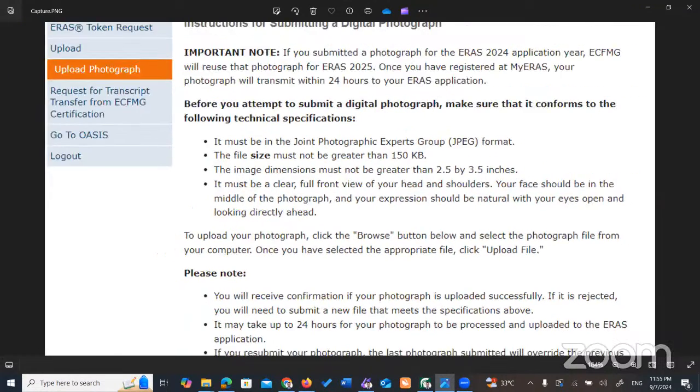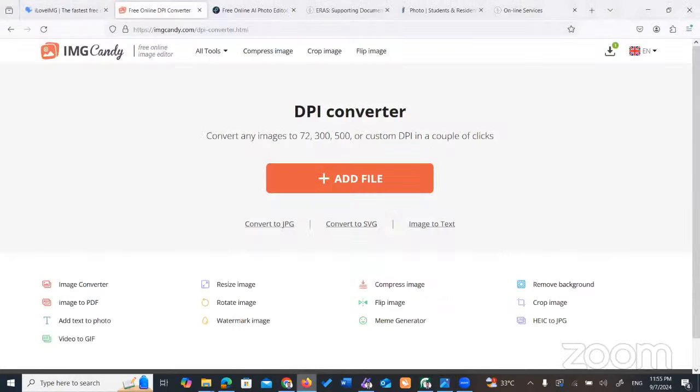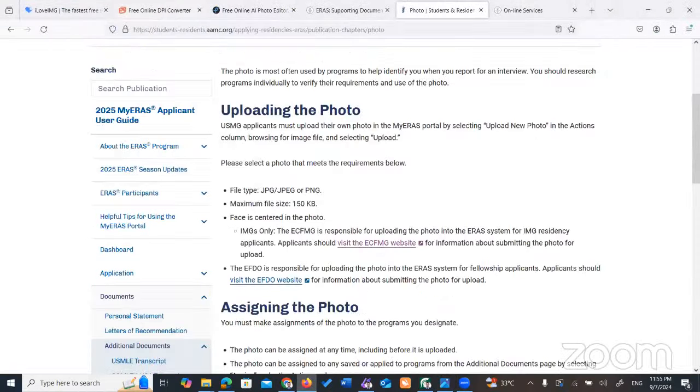Also, in another area it mentions that it should be facing forward, the face should be centered, with a specific facial expression. And the DPI should not exceed 150.